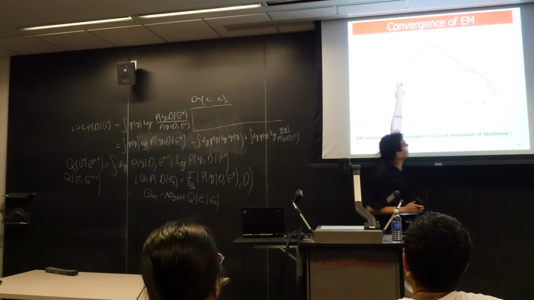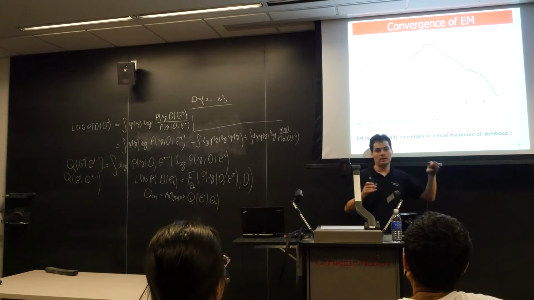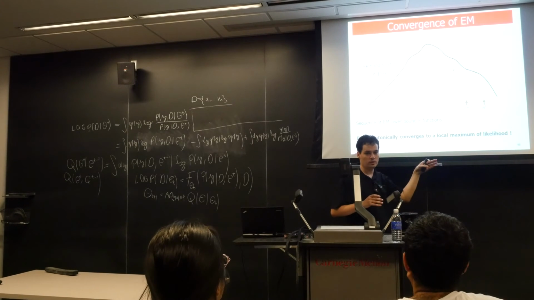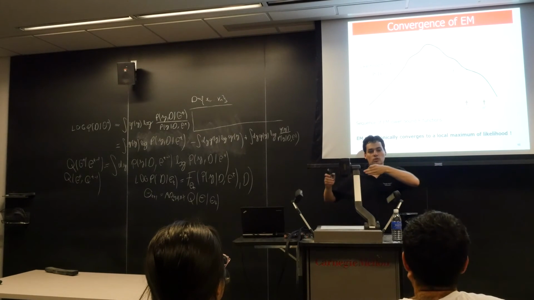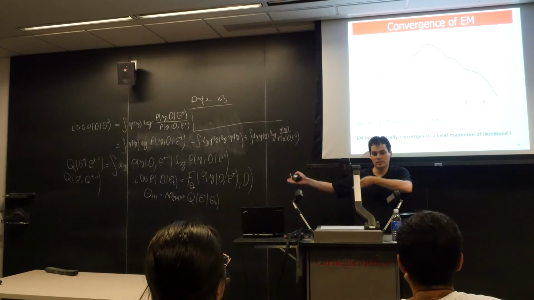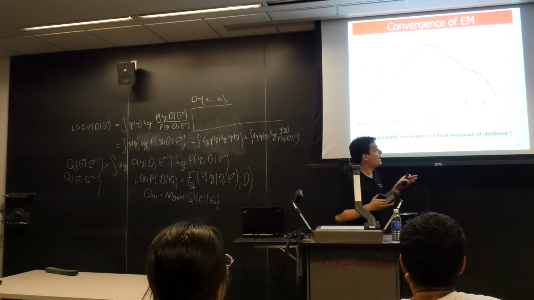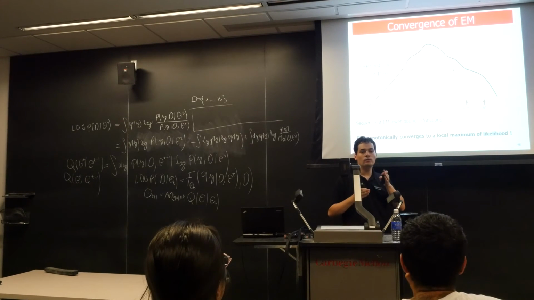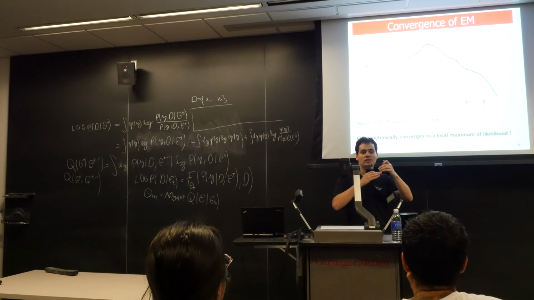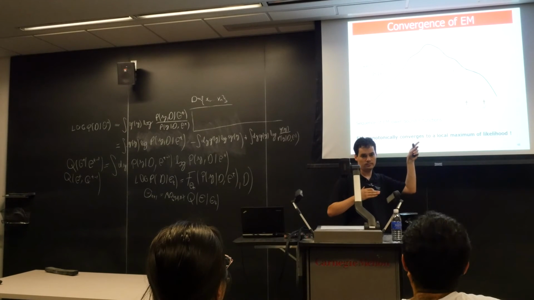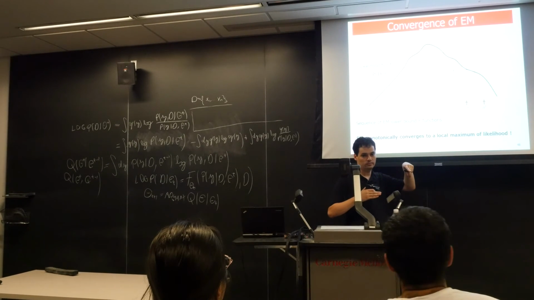This is a likelihood function, and under that likelihood function there's a free energy curve, because the likelihood function is free energy plus Kullback-Leibler divergence, and the Kullback-Leibler divergence is non-negative. And if we choose the right Q function in the free energy, we also check that the Kullback-Leibler divergence disappears. So the free energy will touch the likelihood function from below, right?